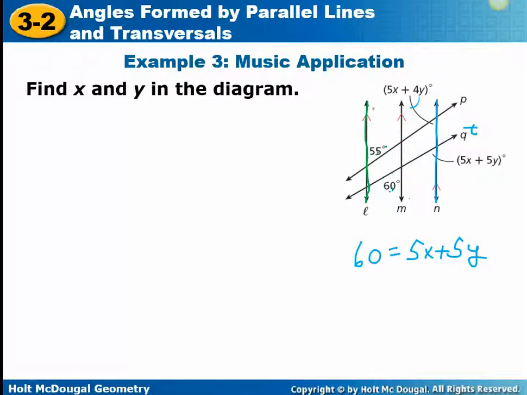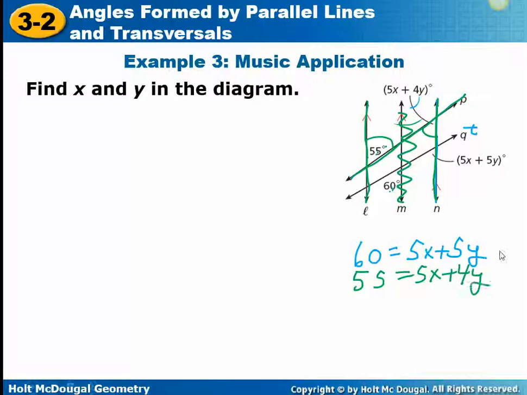I'm going to keep that 55, that first green line, and I'm going to change to this green line. I'm going to ignore the one in the middle. And which transversal would give me some information? The top one again, I think. Now I have that 55 and this measure, which is 5x plus 4y, are equal to each other because they are alternate interior angles.